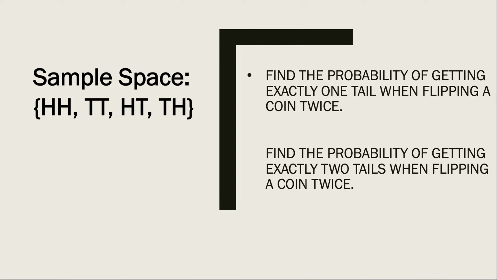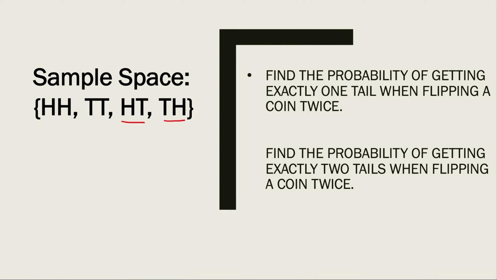How many have exactly one tail? This is an outcome that has exactly one tail, and this is an outcome that has exactly one tail. This outcome has two tails, so it wouldn't count. And this outcome has 0 tails, so it wouldn't count. We just want the ones that have 1.